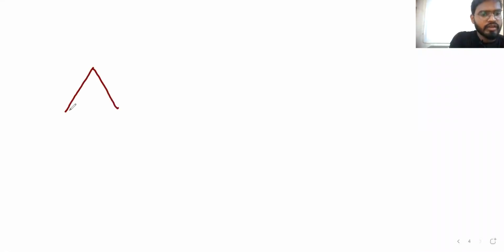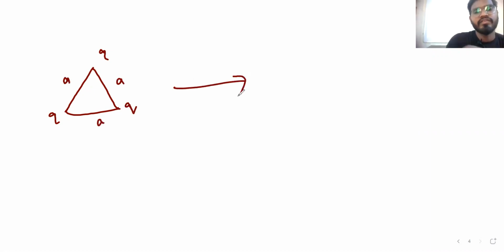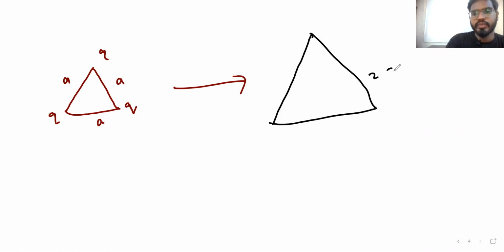Let's take one more question. First, a small triangle with Q, Q, Q, side is A. Now we convert this to a bigger triangle. Now the side becomes 2A. Q charges remain the same.